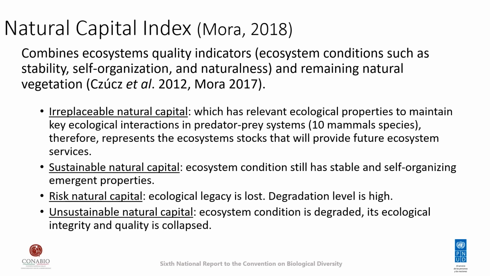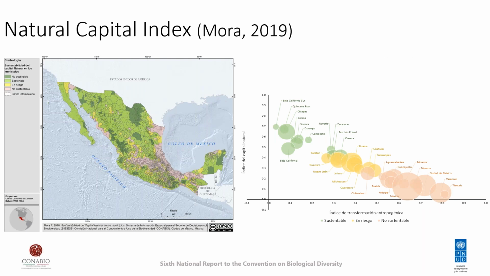Next slide, please. So we are watching the map of the Natural Capital Index, and it shows the north of Mexico in green colors, and it means places where ecosystem stocks are available that will provide the future ecosystem services.